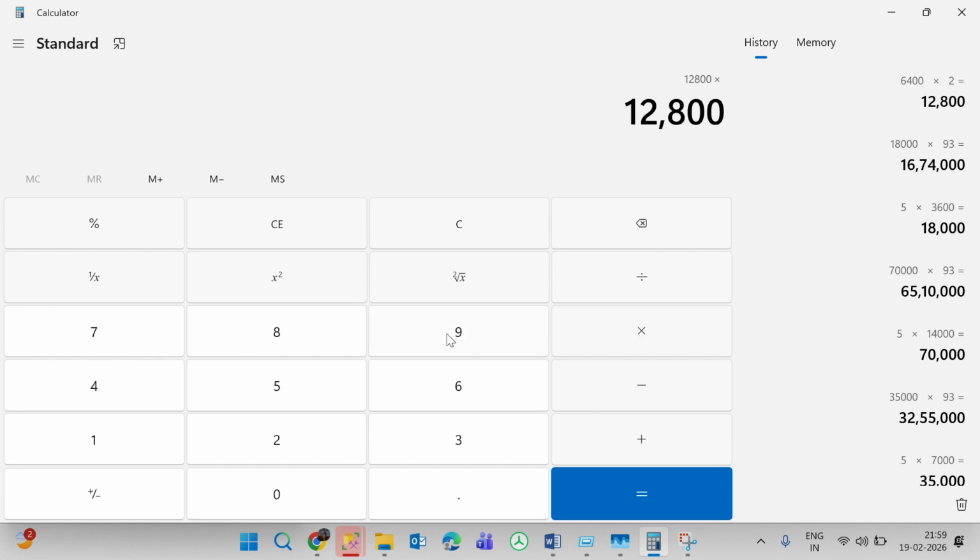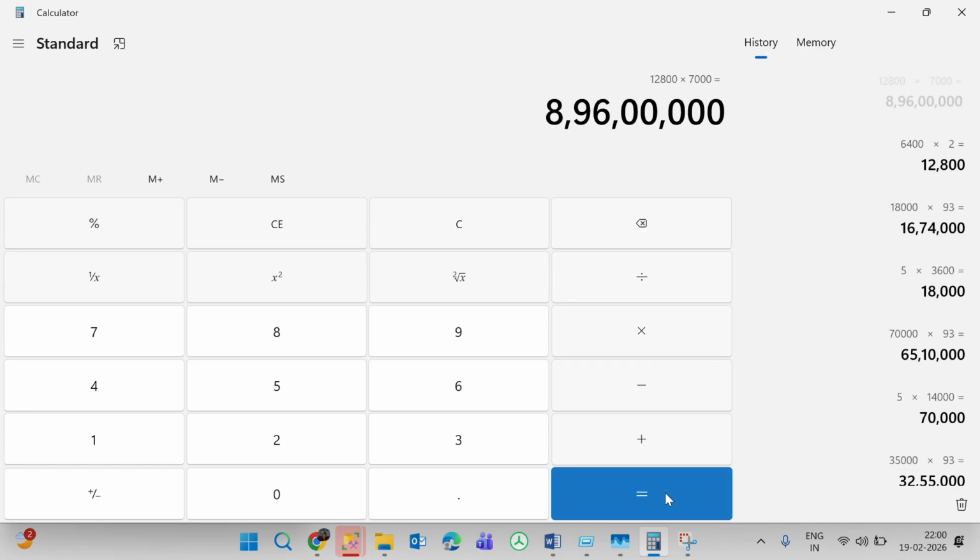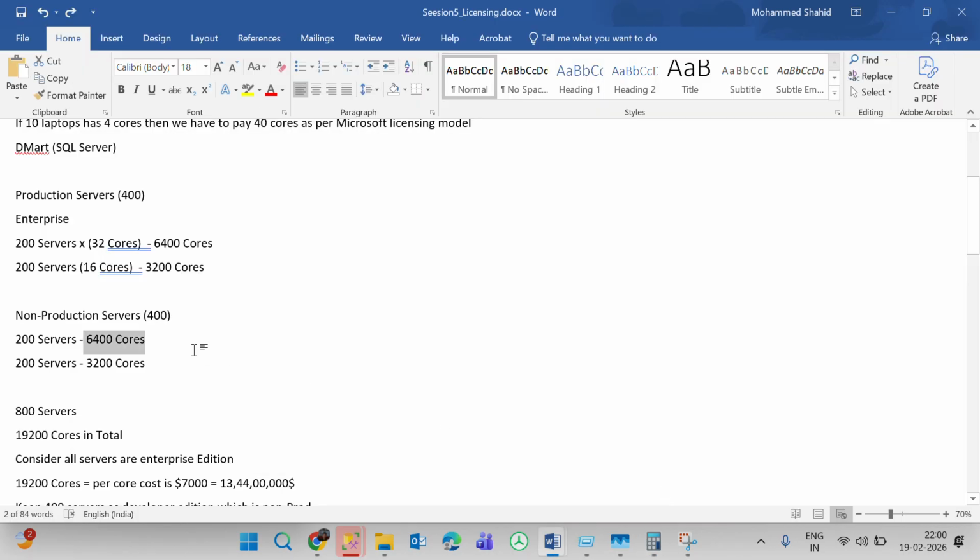For enterprise edition, 12,800 cores divided by 2 for two-core packs, so this much amount we have to pay for enterprise edition for these servers.